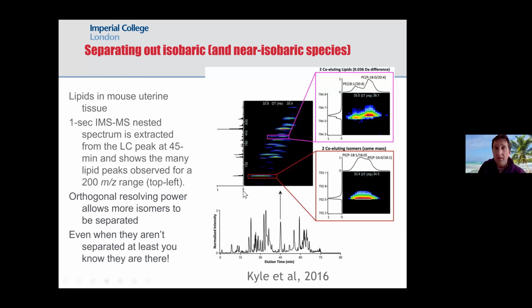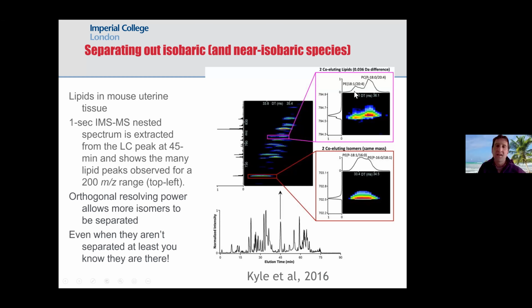And they've put up here the mass spectrum versus the driftogram or the mobilogram along the x-axis over here. So if we look at the top part of this exploded plot, they're looking at two co-eluting lipids where we've just got a 0.036 Dalton difference. So you would probably detect that difference at, I think, 50 ppm or thereabouts.